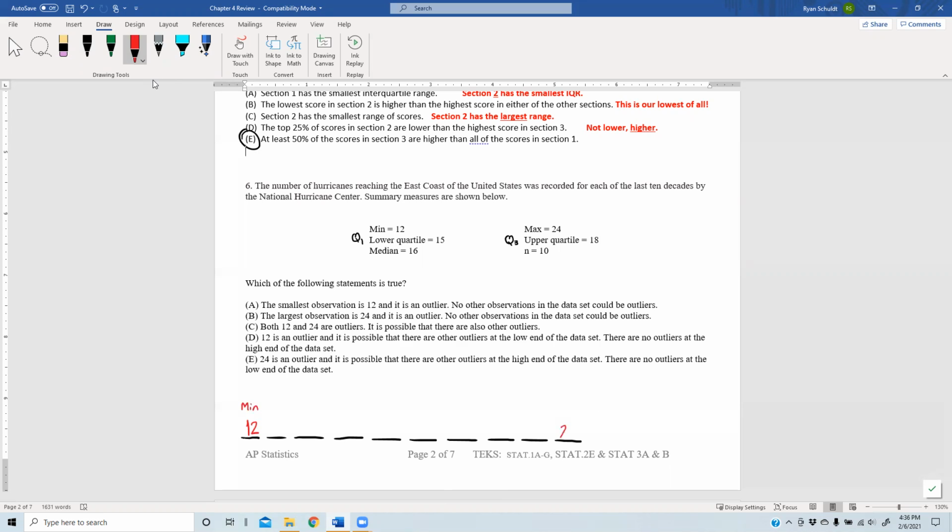The max we know is 24. Here is going to be the median, which is 16. This is going to be Q3, which is 18. This one's going to be Q1, which is 15.